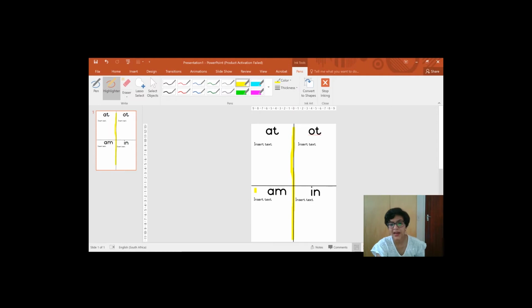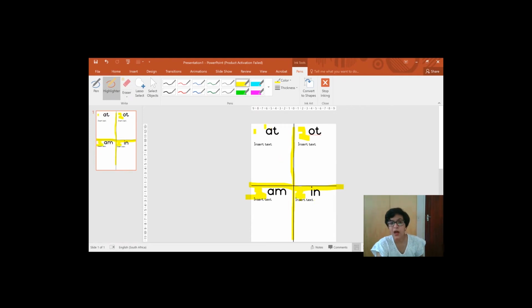I'm just using a highlighter to show you guys. And there. Obviously you are going to do it neatly. You're going to use a ruler. And then in each part of your page, in each block, you see here's block number 1, here's block number 2, block number 3, and block number 4.